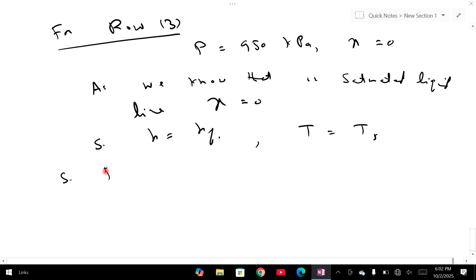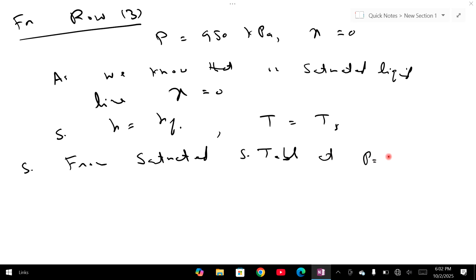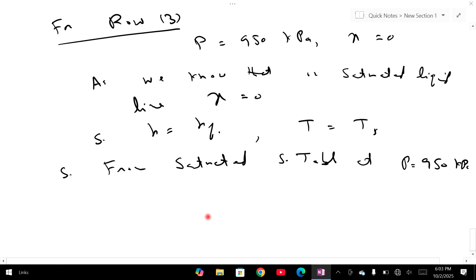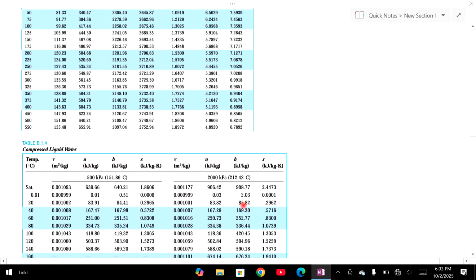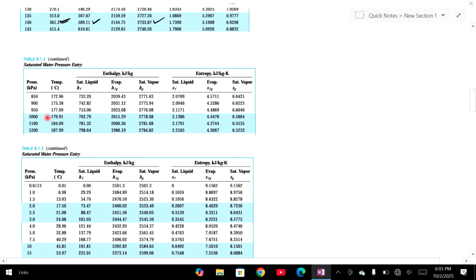So from the saturated steam table, at pressure equal to 950 kilopascal, H is equal to Hf and T is equal to Ts. Go to the saturated water pressure table, and this is pressure 950 kilopascal.